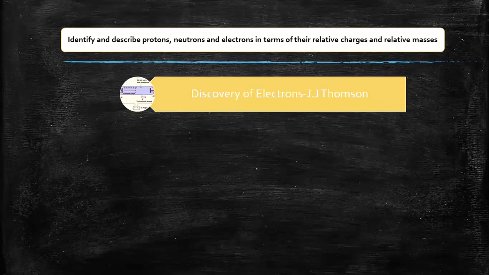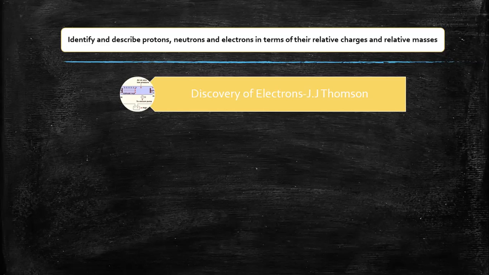Discovery of the electron was done by J.J. Thomson. When these electrons were passed through cathode rays, an electric field or magnetic field, they showed deflection.